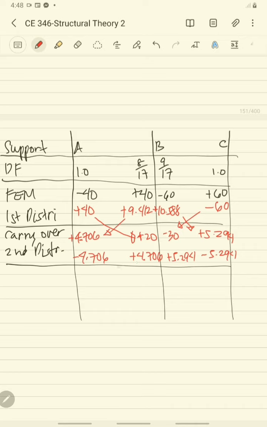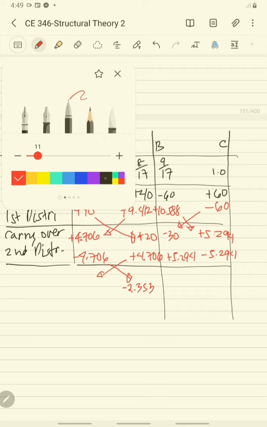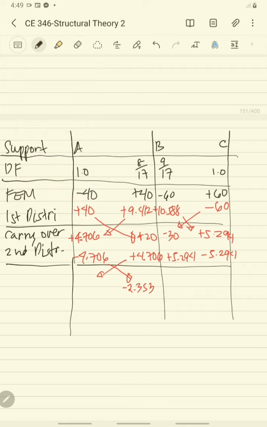So you have 4.706 divided by 2, that is equal to 2.353, so negative 2.353, and here you have positive 2.353.